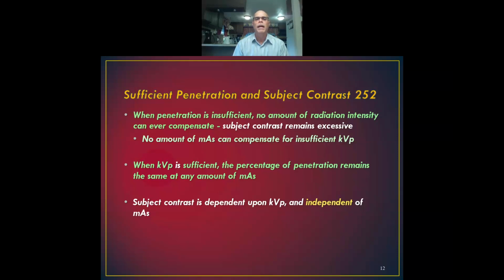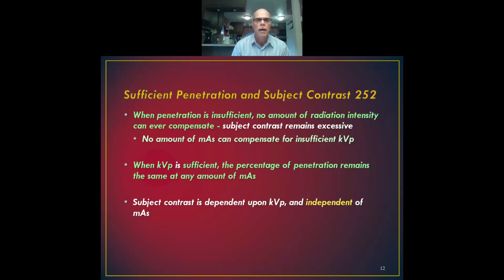When kVp is sufficient, the percentage of penetration remains the same at any amount of mass. So that's telling you the opposite. Once you have penetration, you can't get any more penetration by changing mass. So mass only controls the number of x-rays. How far the x-rays actually travel through the body is completely controlled by your set kVp.